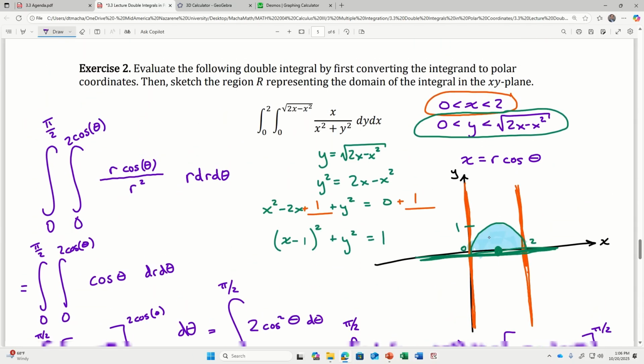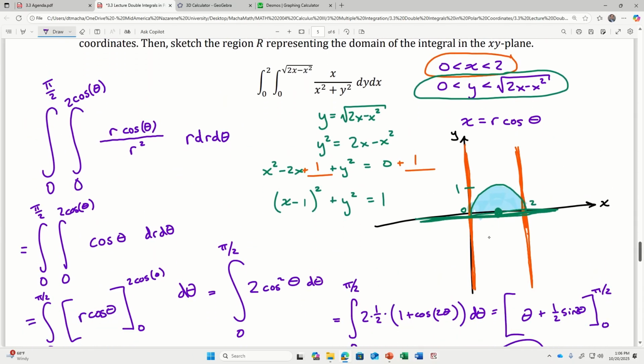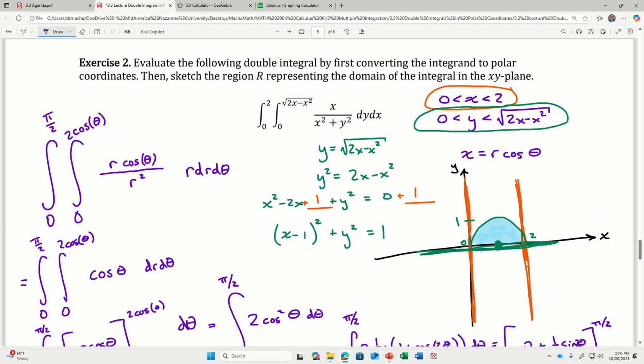Okay, questions about how we did this? I know this was probably the most difficult one we're ever going to do. The difficult part was maybe not replacing the x with r cosine theta, or the denominator with r squared, or remembering r d theta.